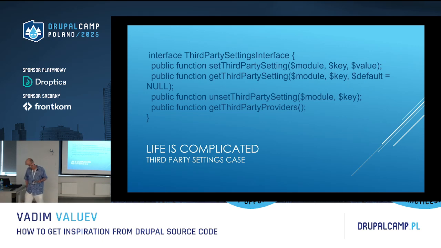I just wondered. I had the use case to change some forms for the entities, some fields, whatever. And I remember there is a thing called third-party settings, but that's not something we use every day.